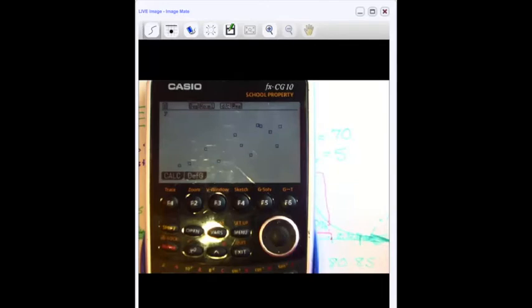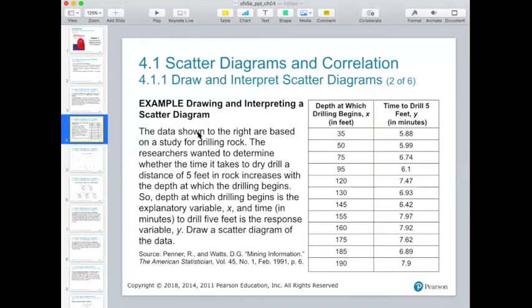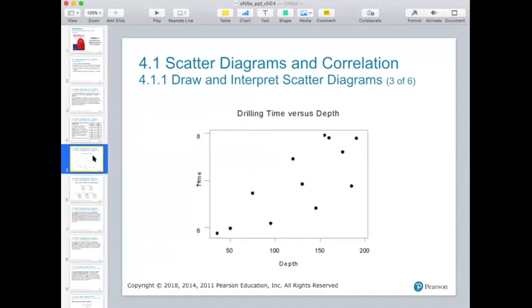Well, hold on, I'm getting a little bit ahead. Let's go back to our directions here. So it says draw a scatter plot, and we did that. And ours looks just like that. Your scale might be different. But it's the same information, and it looks pretty much the same as mine did when I typed it in the calculator.